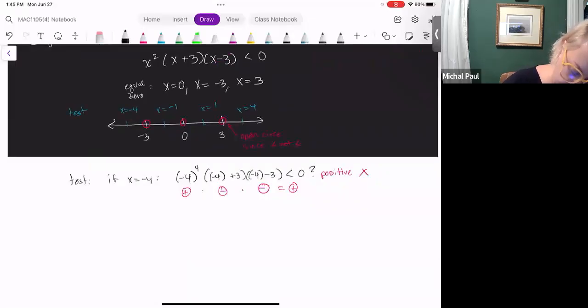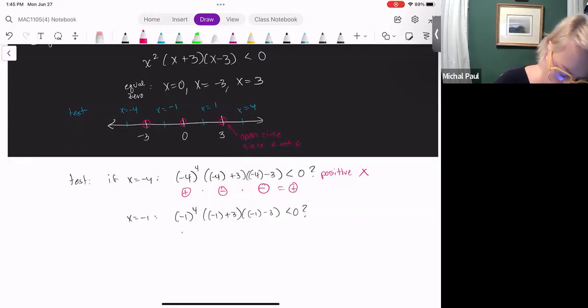Now I can test my other points. If I do that, -1 to the power of 4 is positive.